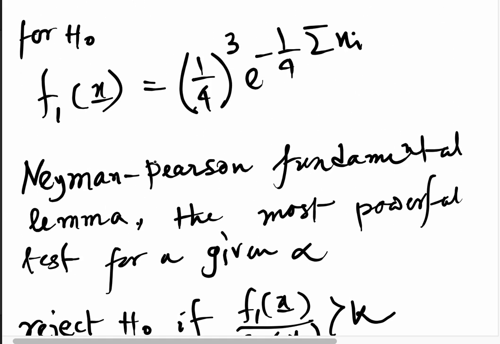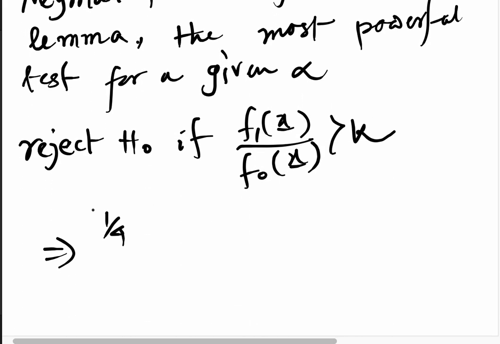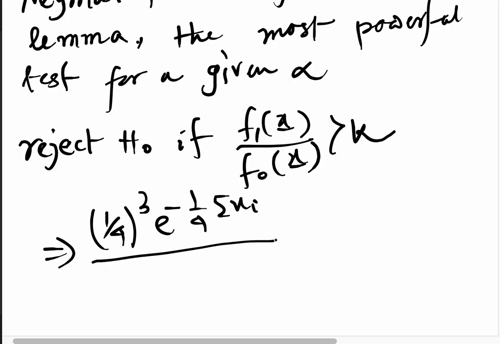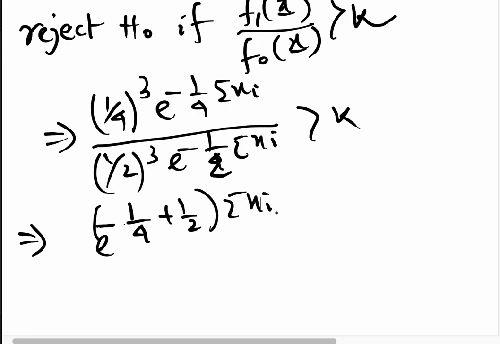So let's put all the things together. f1 means (1/4) cubed e to the power minus 1/4 summation xi, and f0 is (1/2) cubed e to the power minus 1/2 summation xi, greater than k. Now these things are constants, so I can adjust the constant, and it will become e to the power minus 1/4 plus 1/2 summation xi greater than k.